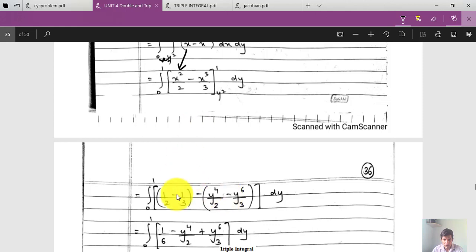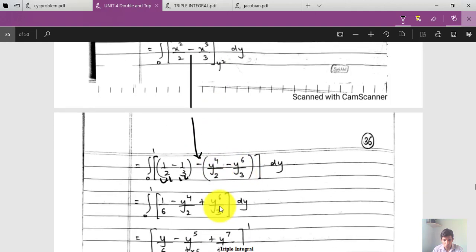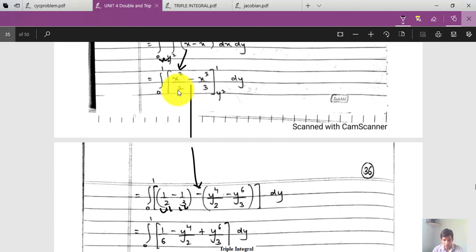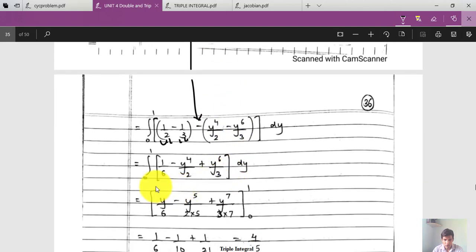On simplification, if I substitute this, this turns out to be your upper limit, and this your lower limit. Then again a minus sign over here, and the upper limit is y power 4 divided by 2, minus the lower limit. Therefore on evaluation you get this particular output.